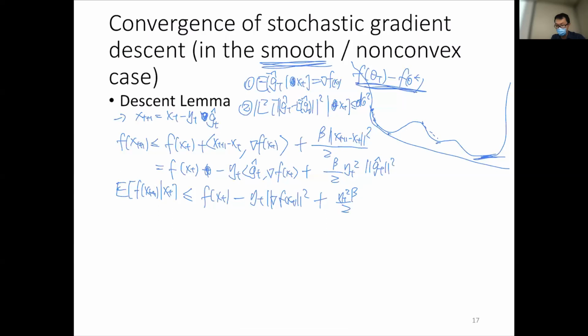I'm using the definition of variance: the variance of x is equal to E of x squared minus E of x, bracket, squared. I move E of x squared to the other side, so I can bound the conditional expected value by the sum of this variance, which we assumed, and the square of this expected value. So what I get is the norm of the gradient of f at x_t squared plus d sigma squared.